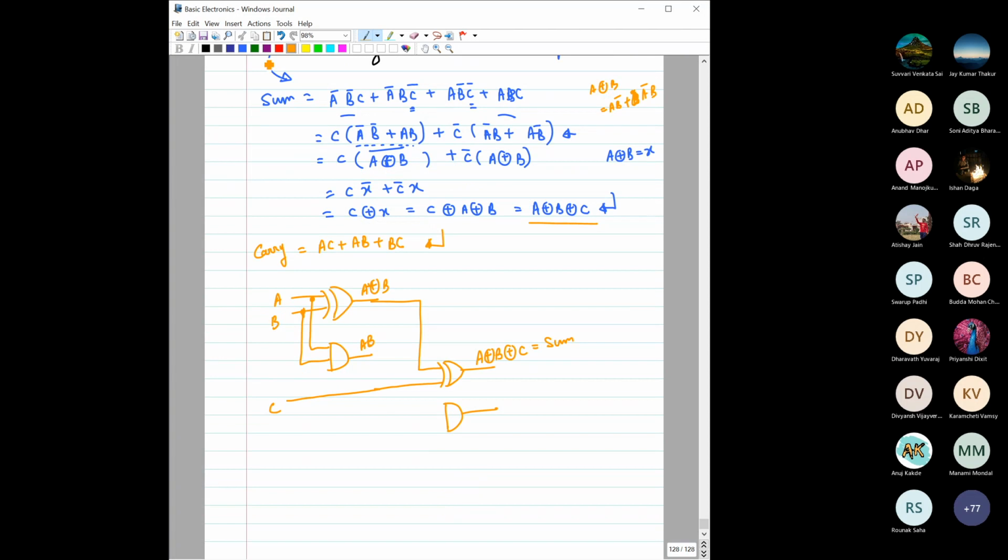Okay, let me first complete the circuit, because the time is also not much today. So here what we can do is that we can simply take this and add it here. One of this AB is being fed to here.